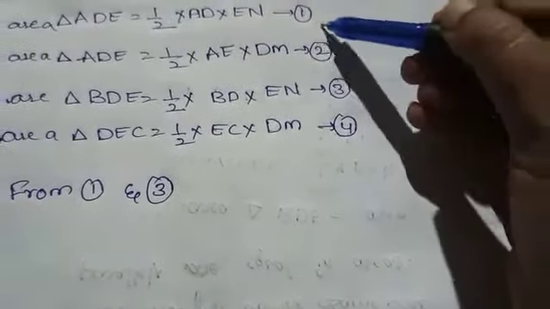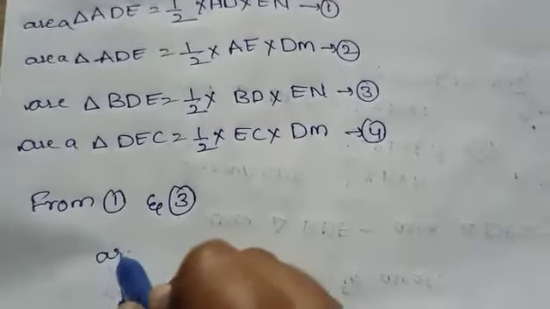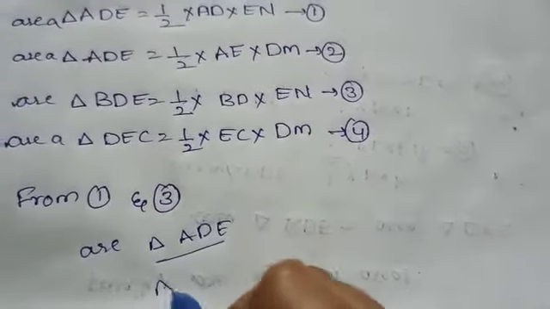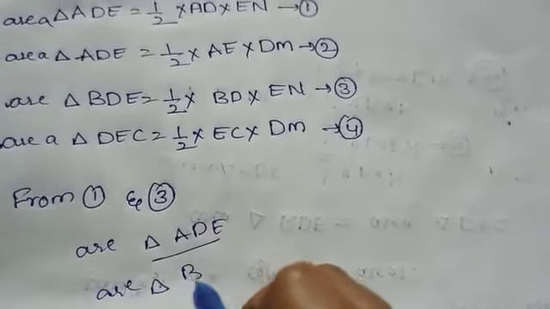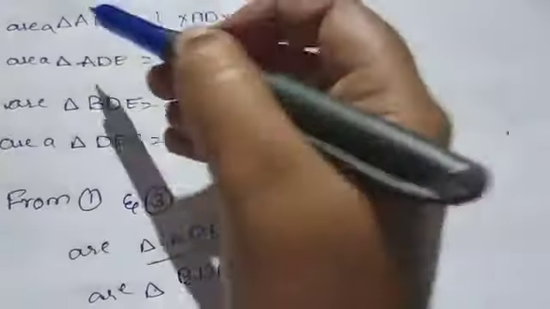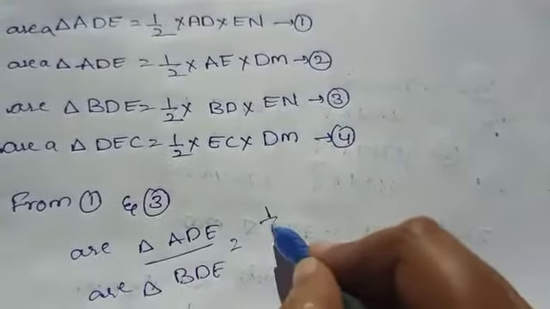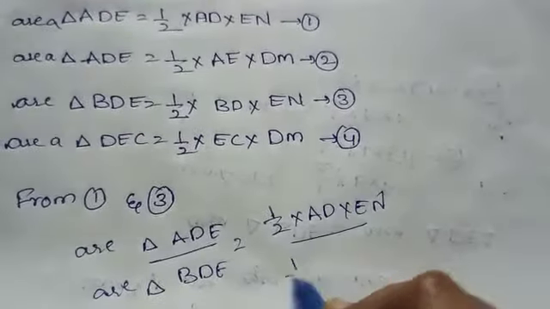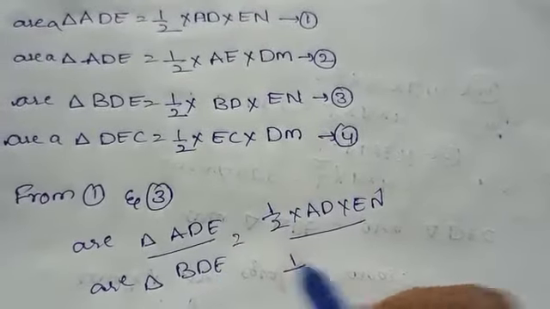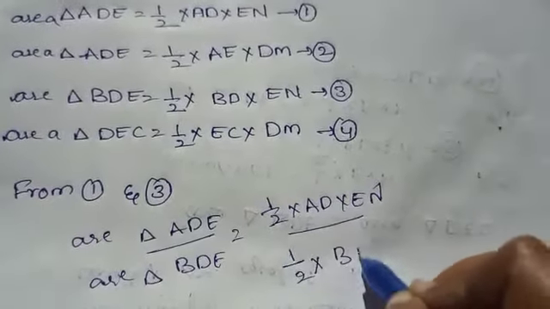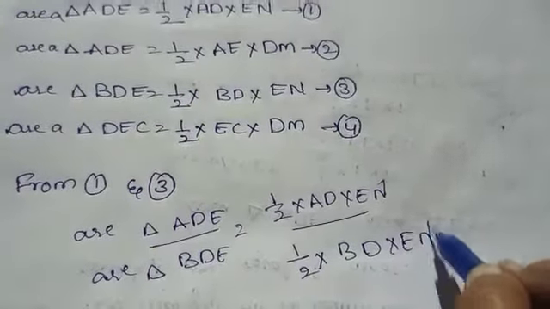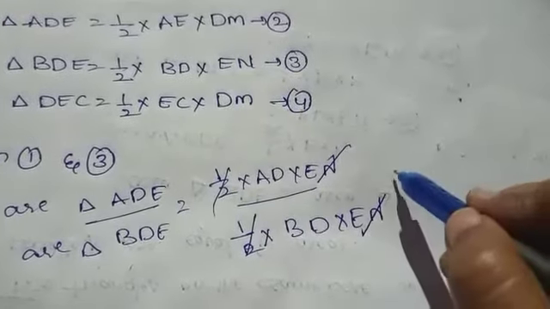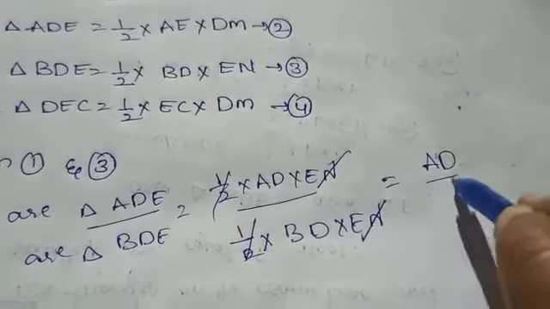From equation 1 and 3, area of triangle ADE by area of triangle BDE. Area of triangle ADE is half into AD into EN by triangle BDE area half into BD into EN. Okay, EN gets cancelled, half cancels, which is equal to AD by BD.